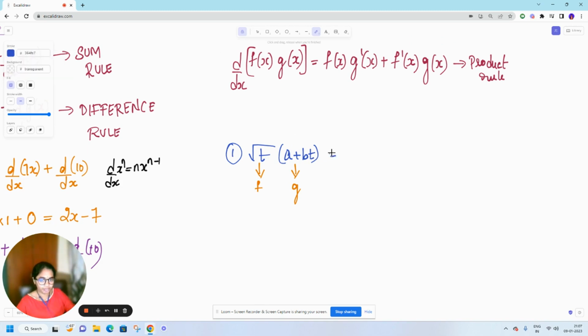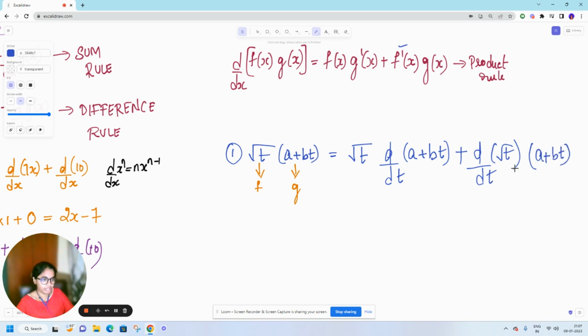I'll write root t as it is. Then I have to find d by dt, since here we are differentiating with respect to t, of a plus bt, plus, now find the derivative of f of x, that is d by dt of root t, and write g of x as it is. What is g of x, or g of t, here?